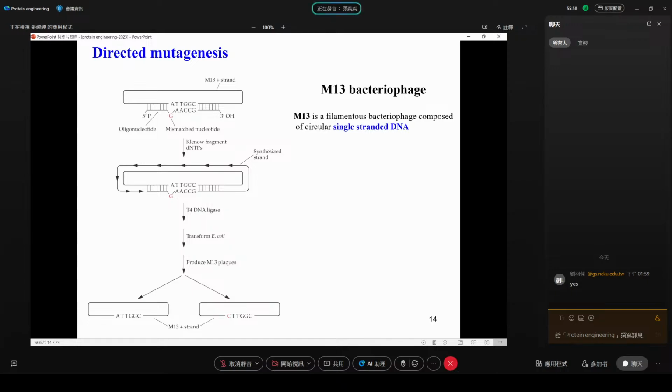What do you mean? We actually have to grow M13 bacteriophage in a test tube. Why do we use M13? It's a filamentous bacteriophage that can generate circular single-stranded DNA. When it generates the single-stranded DNA, I can anneal my original template with a new primer. And that mismatched new primer is the site where I want to do mutagenesis.